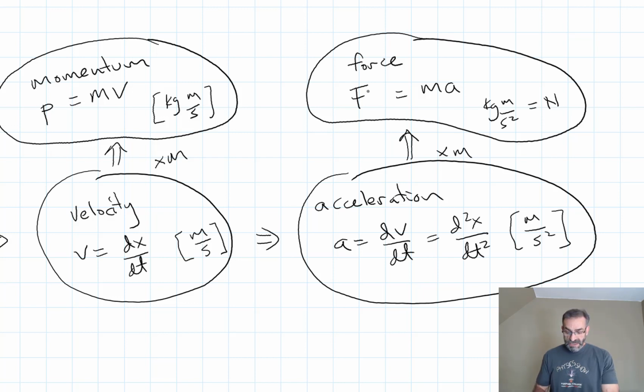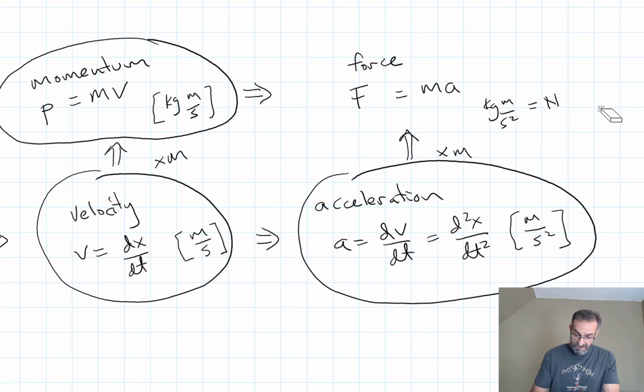Now, something interesting here. In going from velocity to acceleration, I took a time derivative. I multiply velocity by m to get momentum. I've multiplied acceleration by m to get force. So, do you think I can go this way by taking a time derivative?